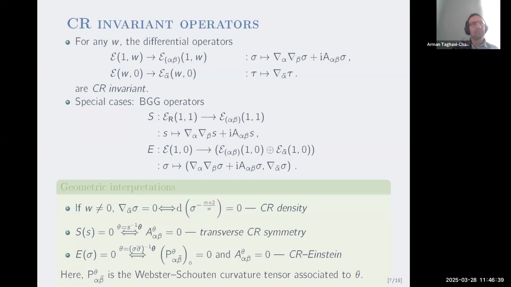If this Webster-Schouten tensor, as I call it, is proportional to the Levi form, then this is called a pseudo-Einstein structure. And if in addition the Webster torsion vanishes, then we call this a CR Einstein structure. I will come back to these conditions in a moment.